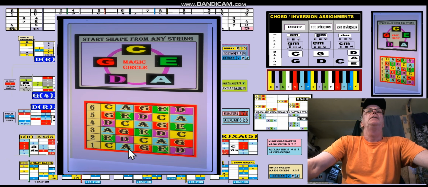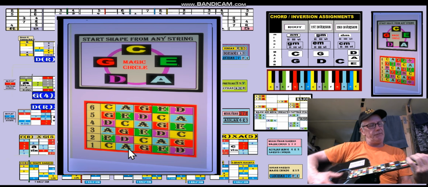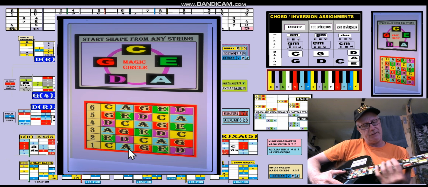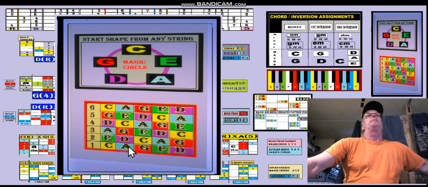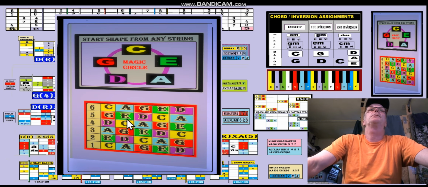If you start on the A string, which is fret 5 of a normal guitar, 0, 1, 2, 3, 4, 5, and you go up that string from the bottom, this is what the letters will be in the magic circle. A goes to D, goes to G, goes to C, goes to E. So that's the magic circle.